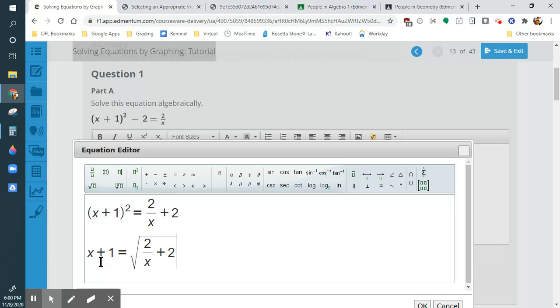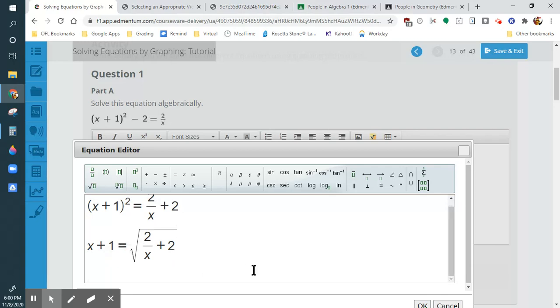If I plug in 1, I get 2. Okay, so the answer would just be 1. But that's not really solving it algebraically. It's just kind of using logic.